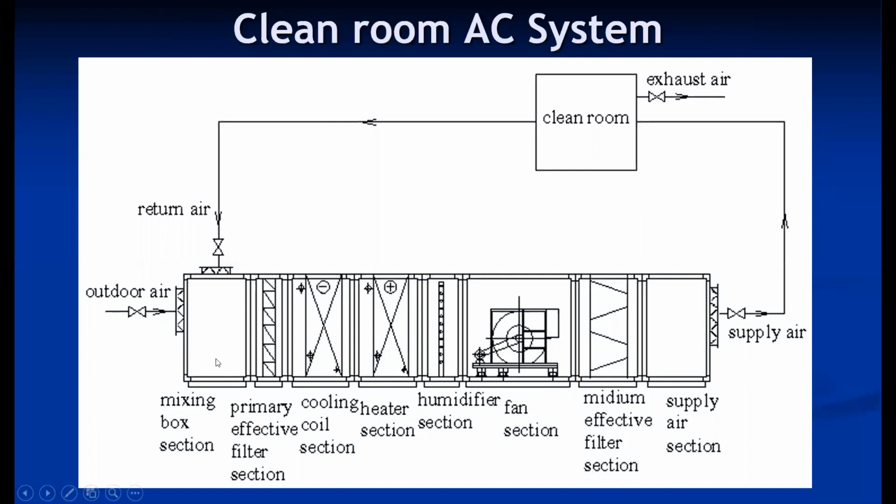For example, here there is a mixing box because in some cases there is return air mixing. Then primary filters, then cooling coil, heating coil, humidifier, the blower, then again the second level filters, the supply air with uniform supply air. Then this is a clean room and the exhaust. So the air handling unit is equipped with most of the major equipments.